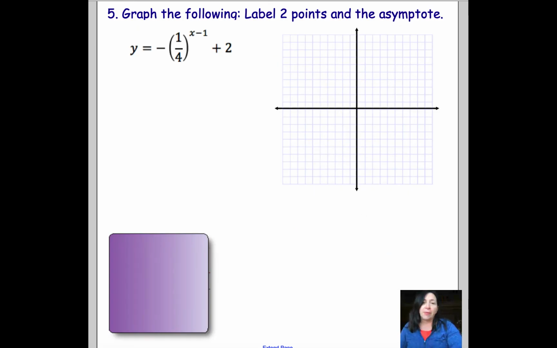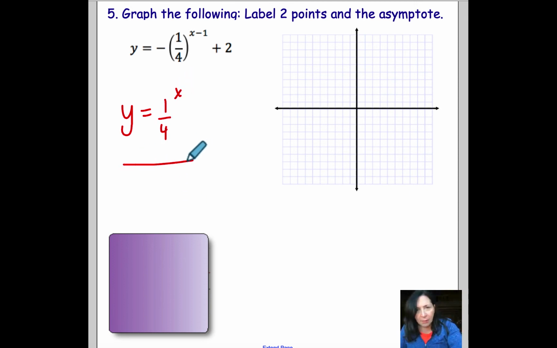So for this problem, this is an exponential function again. And because it's 1/4, this graph is going to come down, instead of going up like this, right? It's going to come down like that. So let's just plot the parent function, which is y equals 1/4 to the x power.